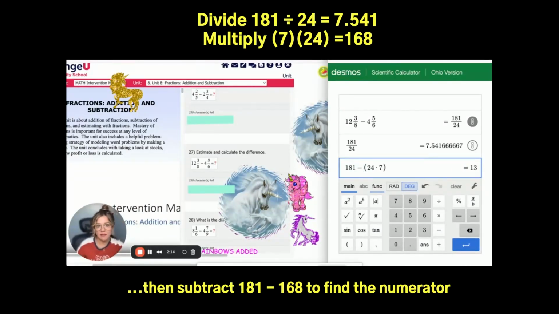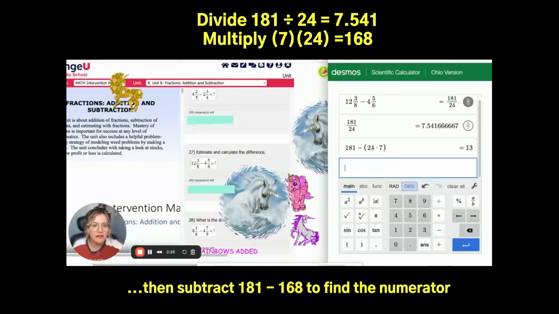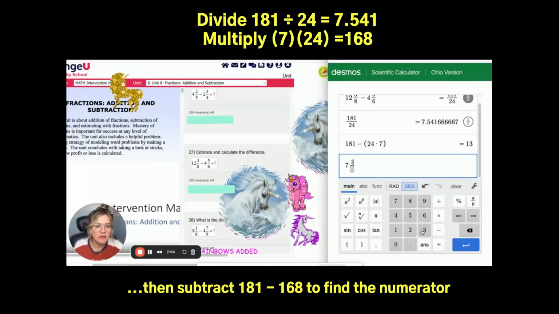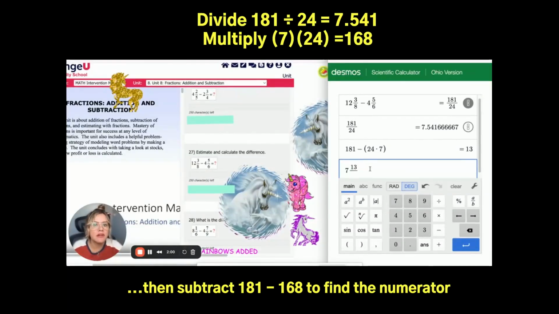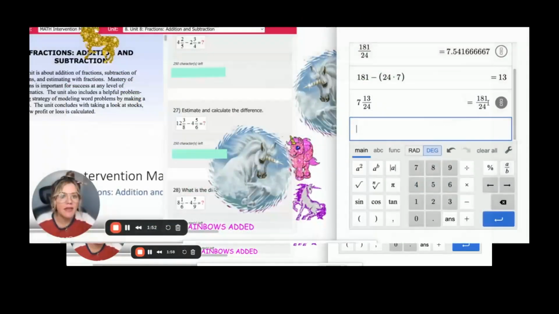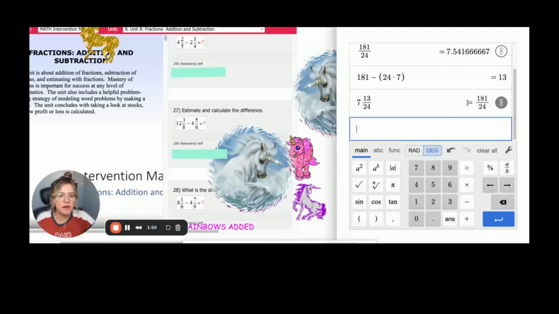So 13 is going to be our numerator because 13 is the remainder. So our final answer would be 7 and 13 24ths, and that does simplify to 181 over 24. So you can check your work that way as well.